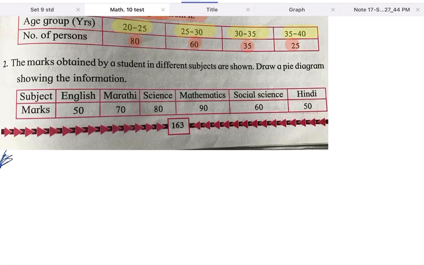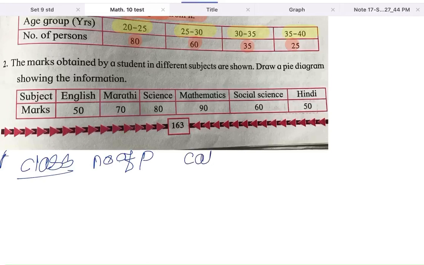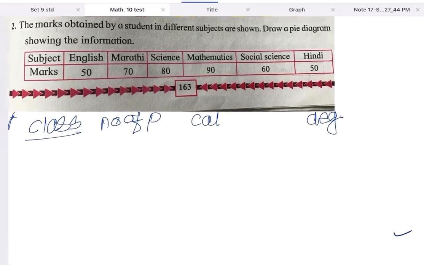So first we require a table. Just write down here class, which is the age group. Next one, number of people. Next one, I'll put a calculation table here, and degree. So likewise we have to write down the data.